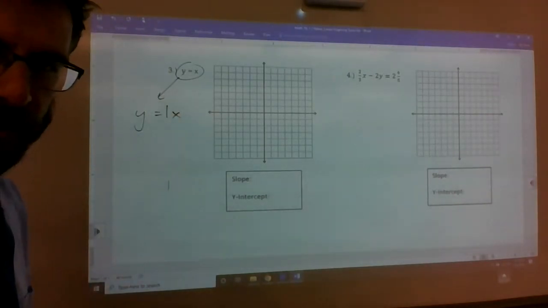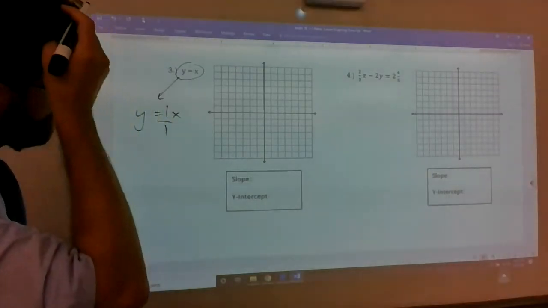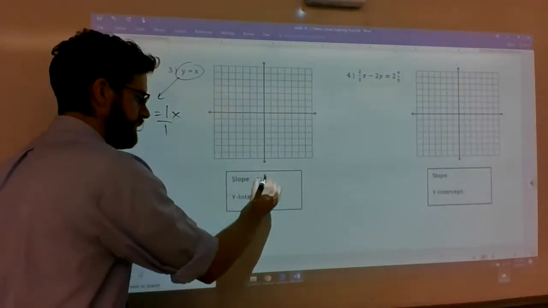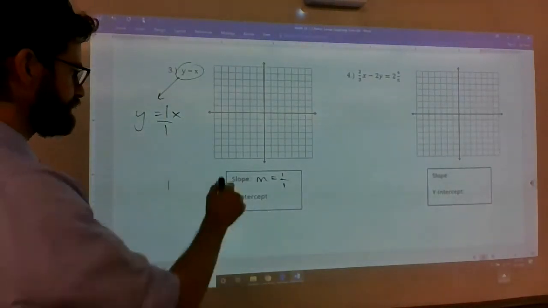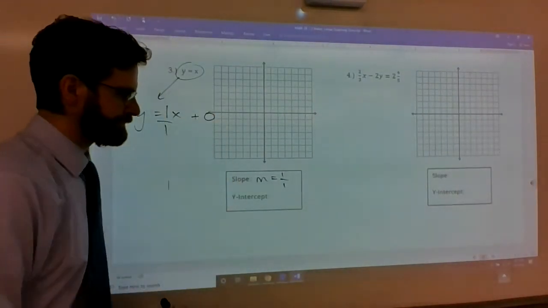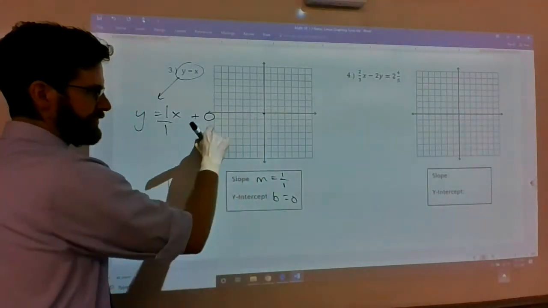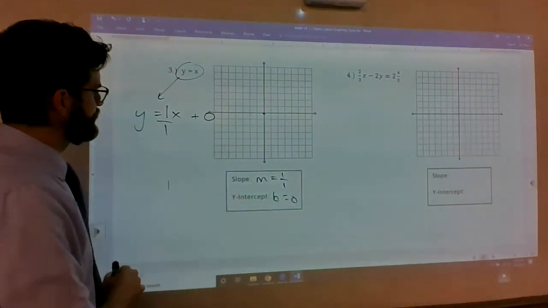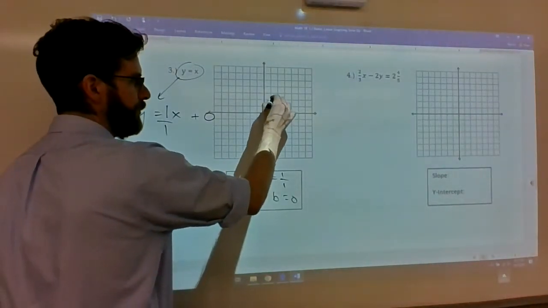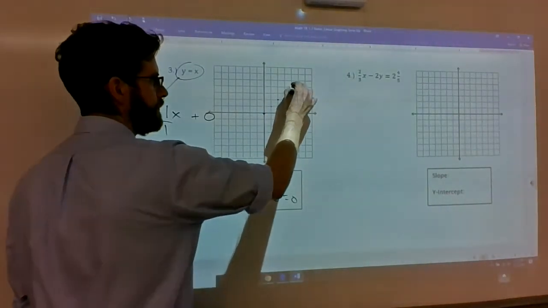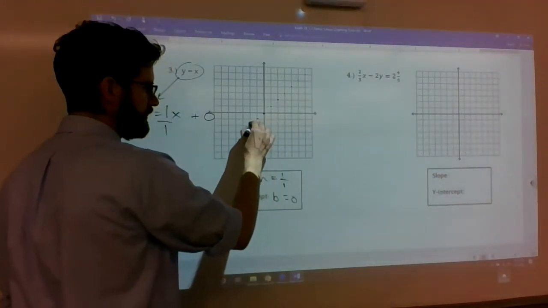There's an implied 1 in front of that x, which means it's actually 1 over 1. There's no b term, but we've seen this before. That just means it crosses the y-axis at 0, 0. Then you go up 1, right 1. Up 1, right 1. Or down 1, left 1.